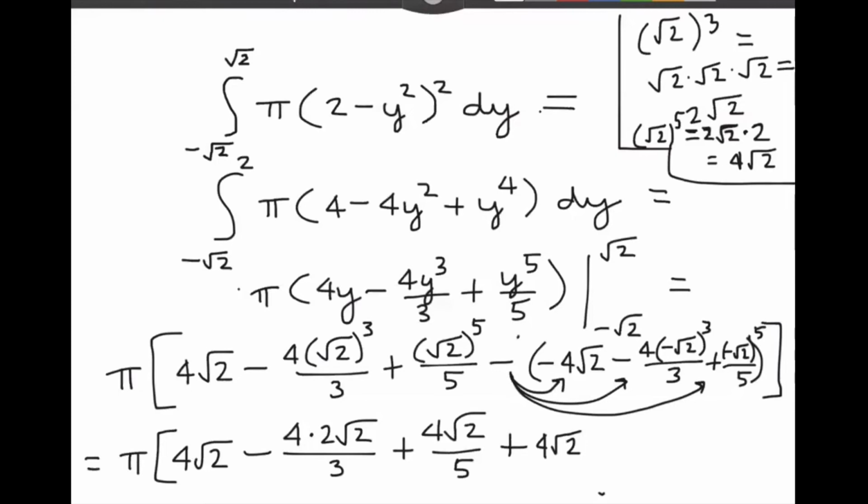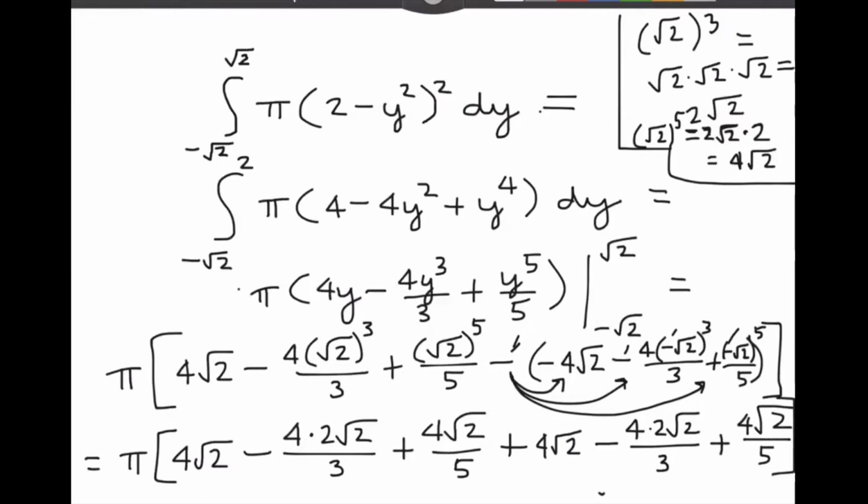We've got the minus here, the minus here, and the minus in here. So that's going to stay minus. And that's going to be another 4 times root 2, 4 times 2 root 2 over 3. And this will actually be plus, because we have the minus here and we have the minus here. So that'll be plus 4 root 2 over 5.